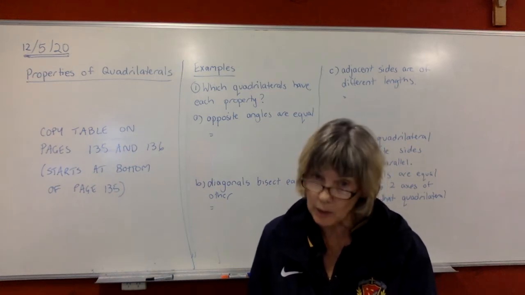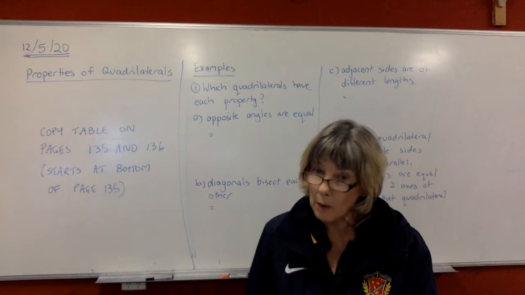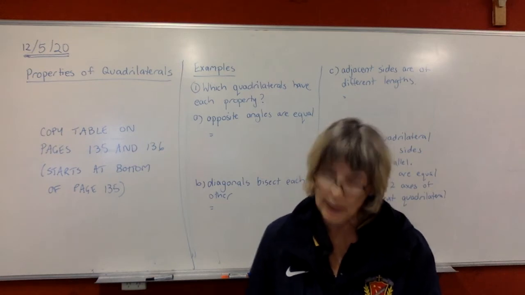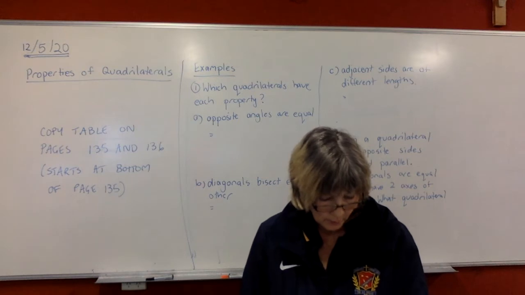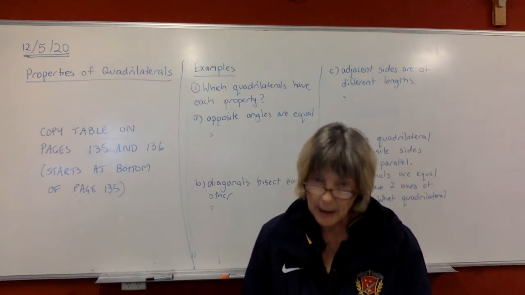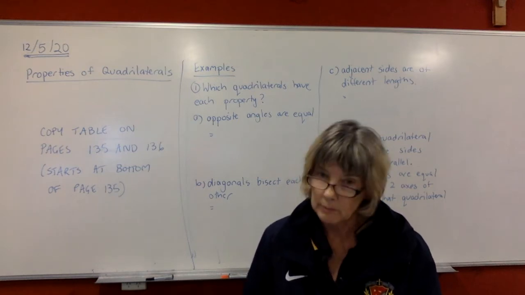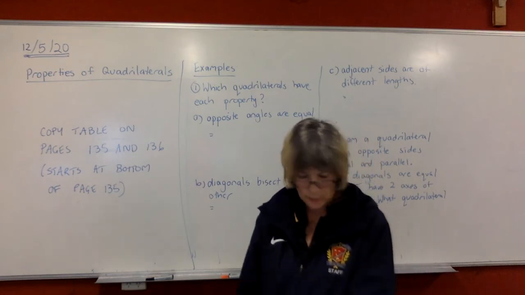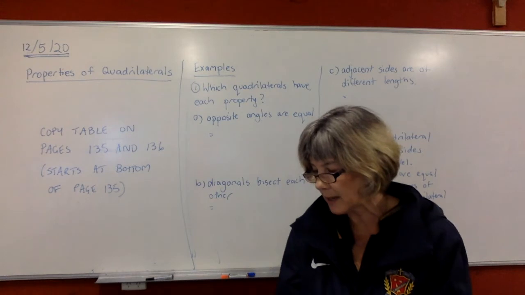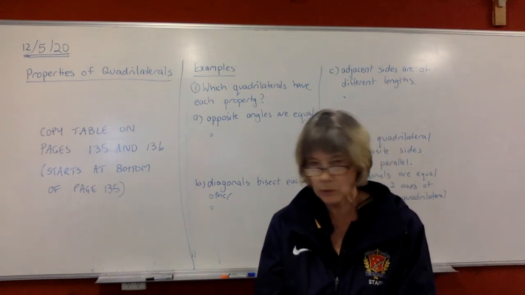So it's a bit hard to know what they want there. You could say opposite sides are equal and parallel. In the third dot point, you can say opposite angles are equal. Angles can't be parallel.